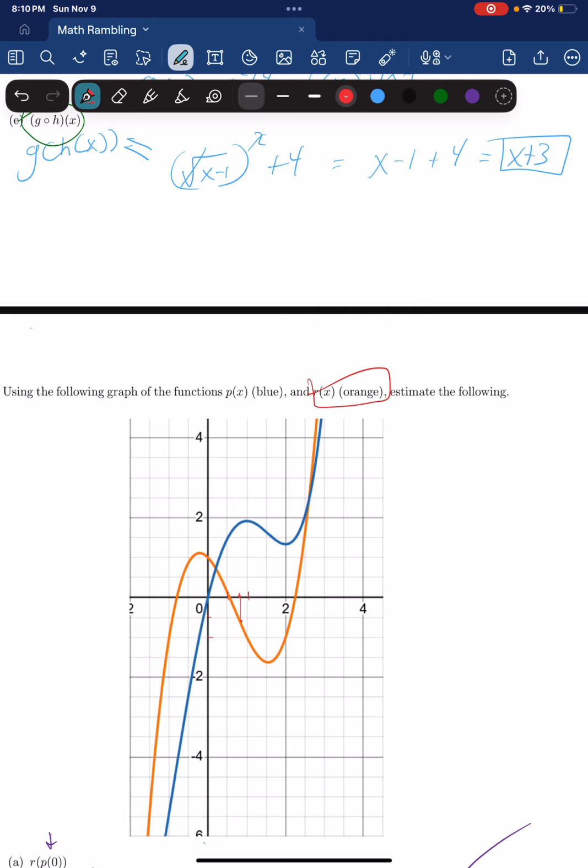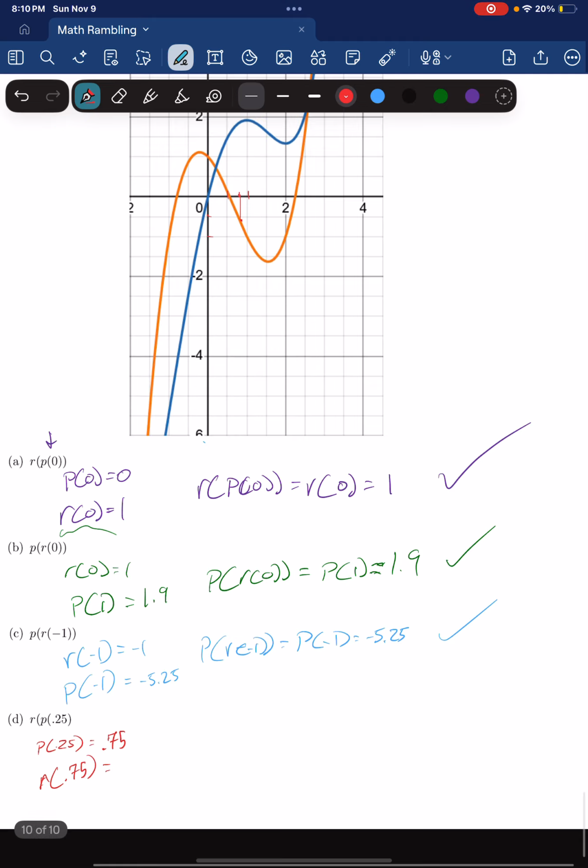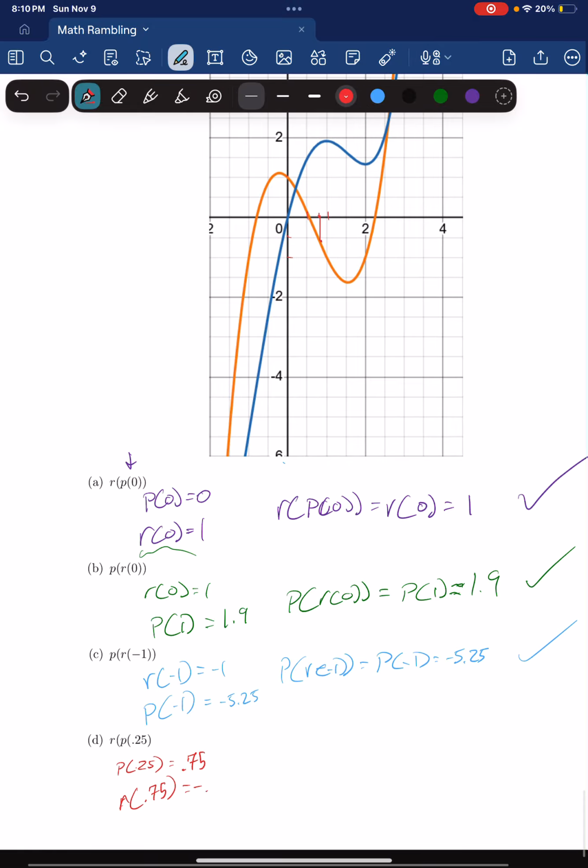Here's -0.5. So a little bit bigger than -0.5. We'll call it negative 0.55. Okay, so r of p of 0.25 equals r of 0.75, which equals negative 0.55.